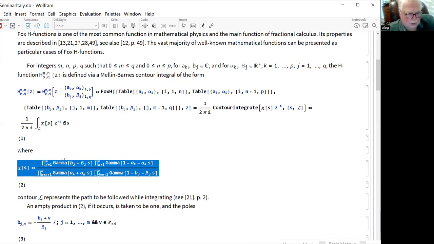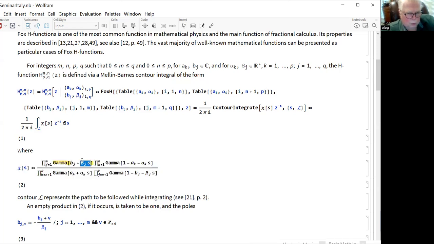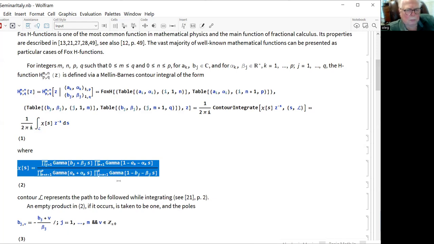And we see here 4 groups of gamma functions. One group, another, and one more. The gamma function has poles, and residues in these poles produce the output after evaluation of integrals of such type. This integral is called a Mellin-Barnes integral.